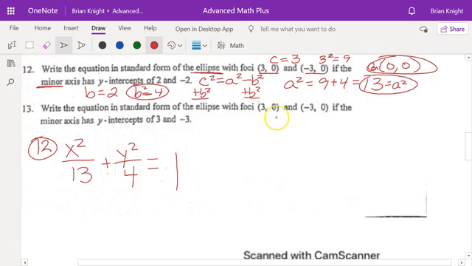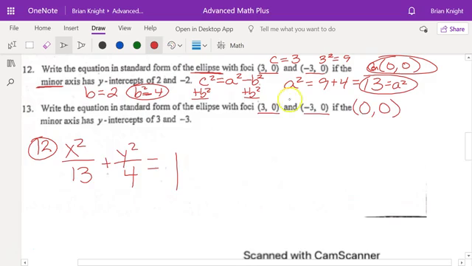Again, my center is just the midpoint of those 2 points, which again is 0, 0. And now Emily, to find the focus points, we use the C. And the C, what did we add and subtract to the center to get the focus points? 3 and negative 3. So that means C is 3.